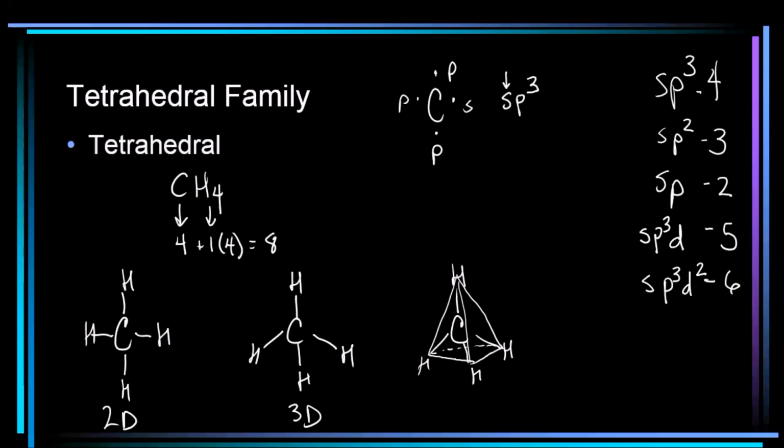Now, question. Is this a polar molecule or a non-polar molecule? Is it a dipole? Is there one side of this molecule where there's more electrons than the other? Let's go to our electronegativity chart. Carbon is 2.6, hydrogen is 2.2. So that means all of the hydrogen's electrons are leaning toward carbon.